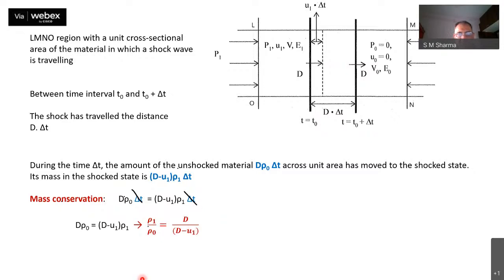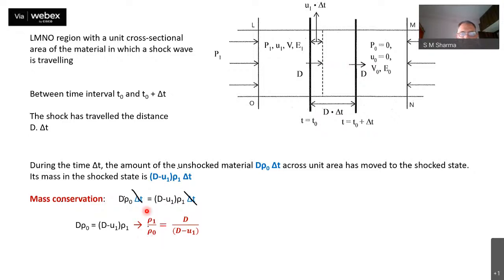So you can cancel delta t. That gives D rho naught is equal to (D minus u1) rho1. So one can put it in this form: rho1 divided by rho naught is equal to D divided by (D minus u).